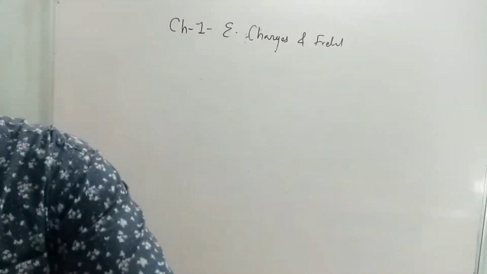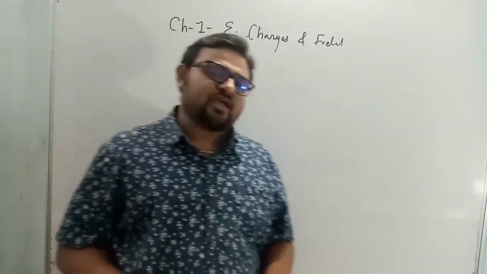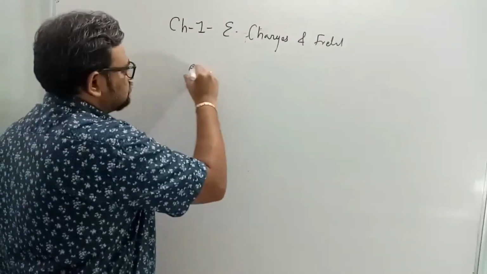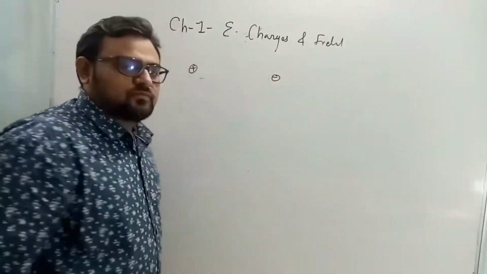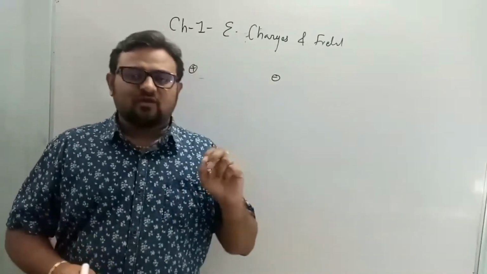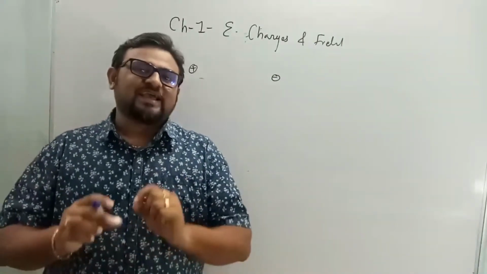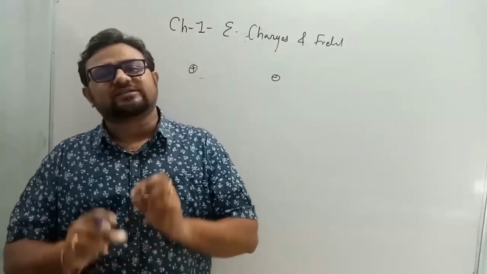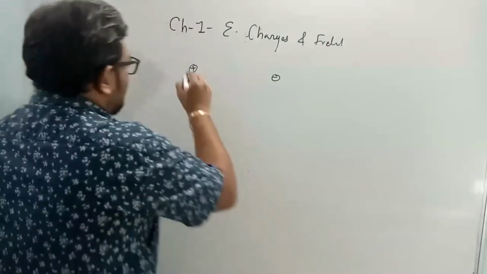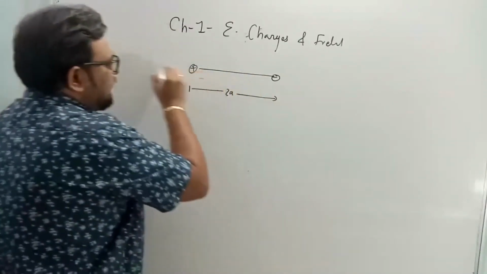The next topic is electric field on the axis of an electric dipole. See, this is an electric dipole. Now let me make you understand what is axial and what is equatorial. This is plus, this is minus, this distance 2a.